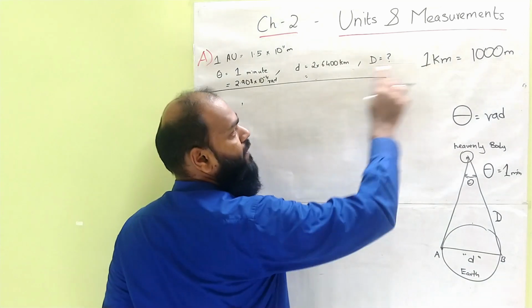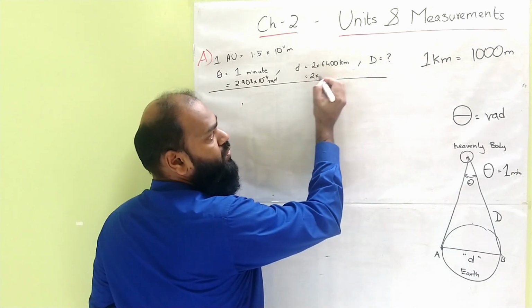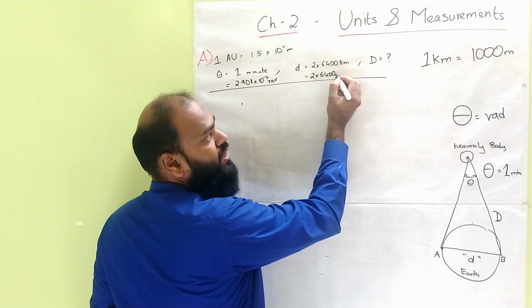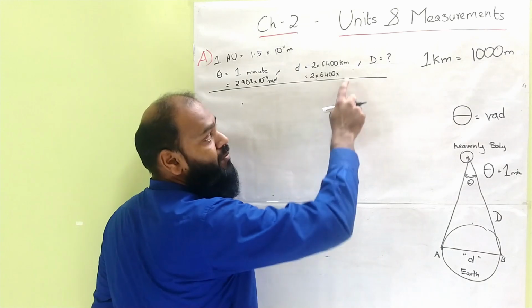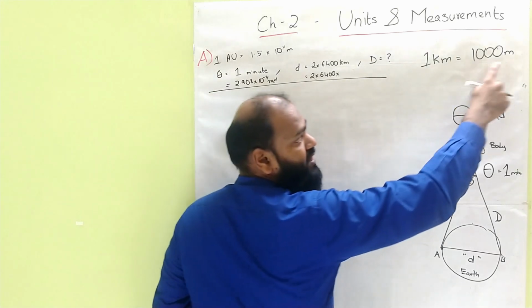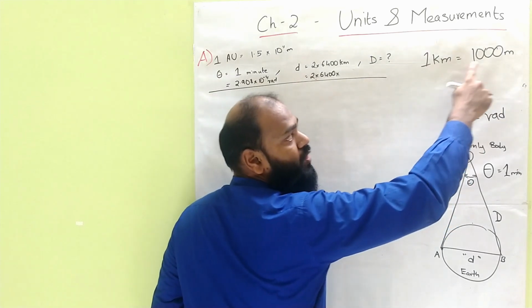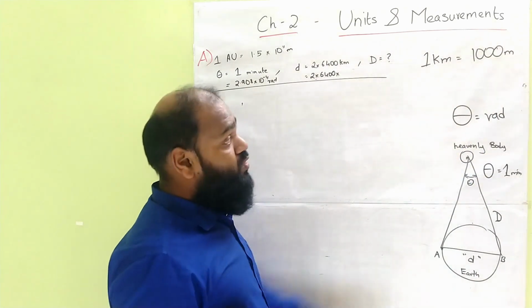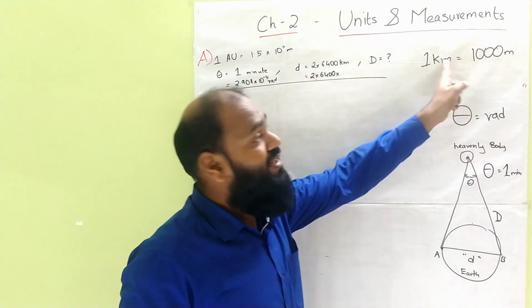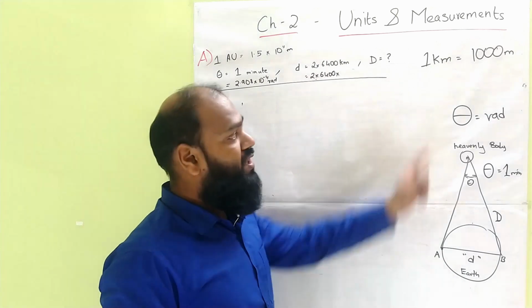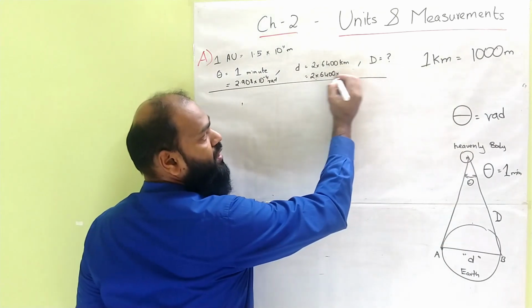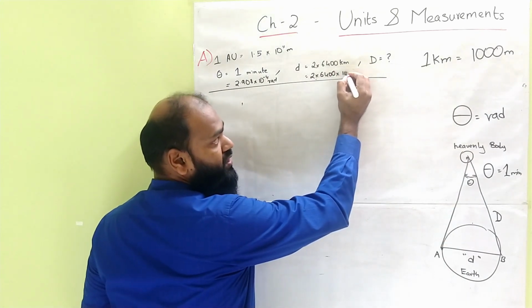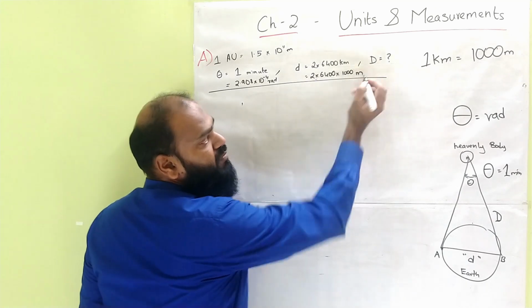See here. So I have 2 × 6,400 kilometers. I need to multiply to get meters, right? But with what number? We know that 1 kilometer is equal to 1000 meters. So if I multiply by 1000, I will get meters. 1 kilometer is 1000 meters. So I'm going to multiply this by 1000, which will give me meters.